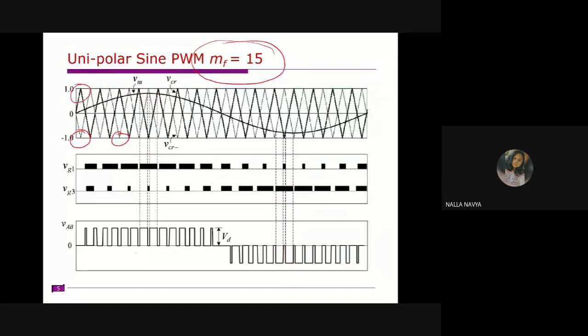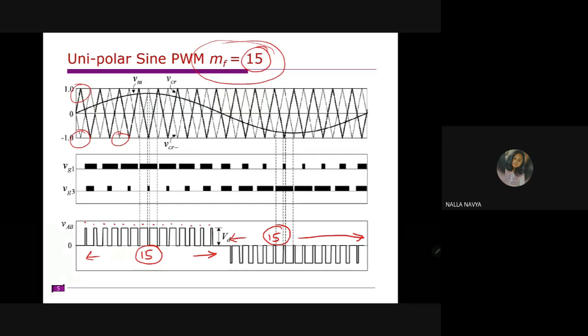If you count these pulses, they are around 15. So if MF equal to 15, here the number of pulses is also 15. You can count it: 1, 2, 3, 4, 5, 6, 7, 8, 9, 10, 11, 12, 13, 14, 15.